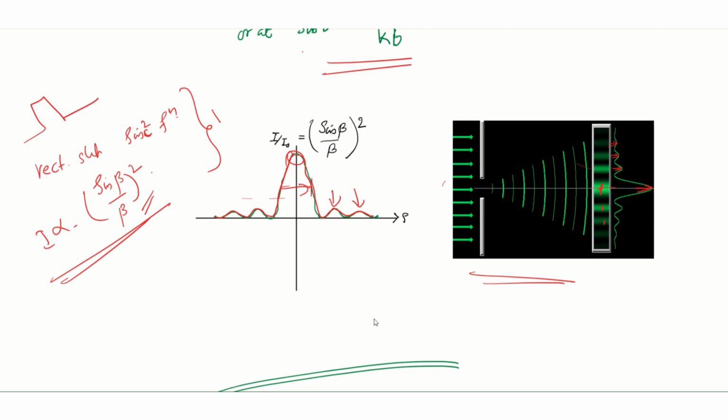The aperture function here is a sort of square wave or a step function. And therefore a Fourier transform of this is a sinc function. That's exactly what you see here.